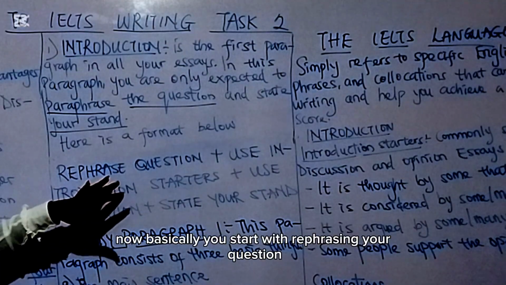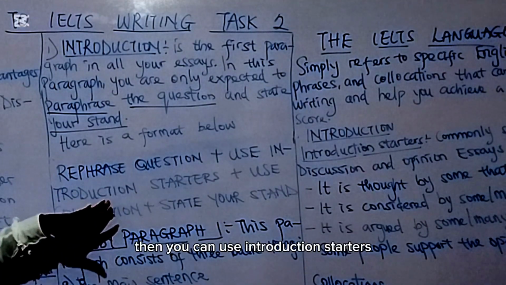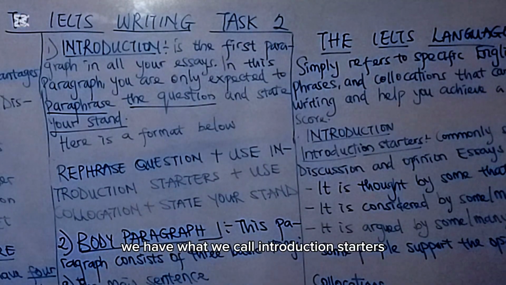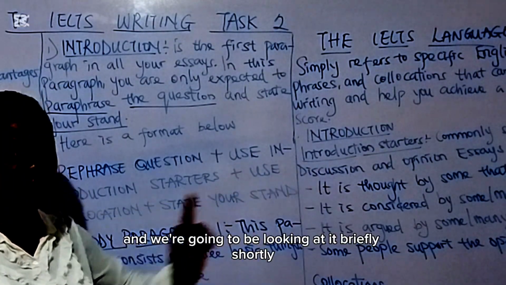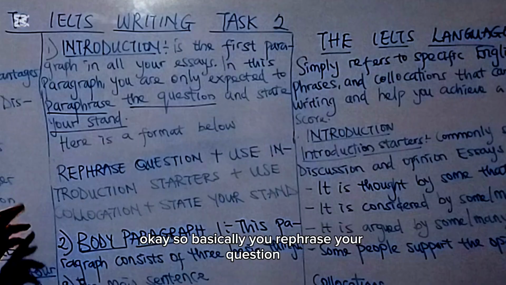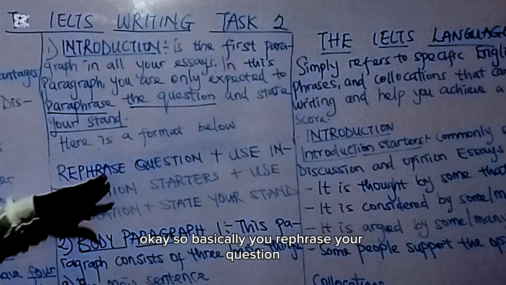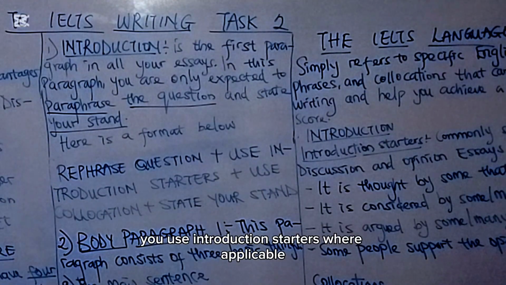Now, basically, you start with rephrasing your question, then you can use introduction starters. We have what we call introduction starters, which I've also spoken about here, and we're going to be looking at it briefly shortly, okay? So basically, you rephrase your question, you use introduction starters where applicable.